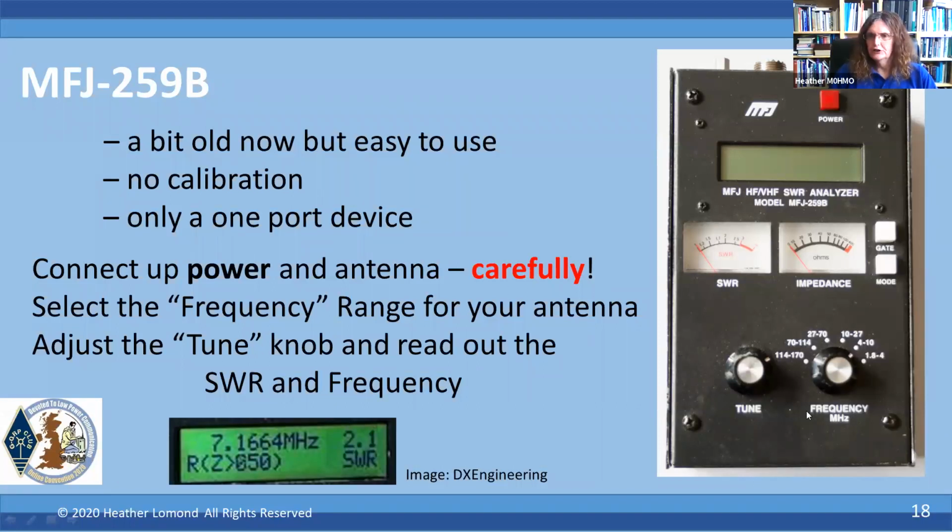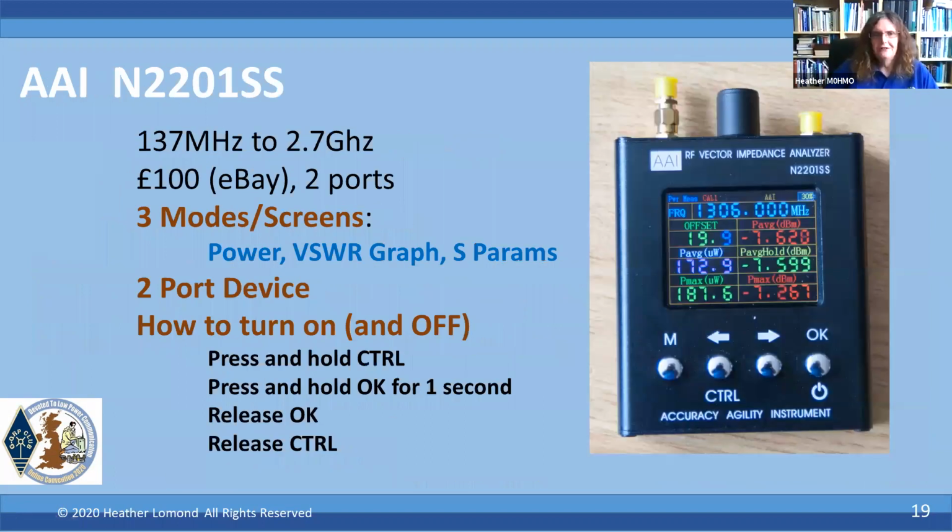You set the frequency on this one, tune it, and you'll see the SWR appearing, impedance here, and you'll get a bit more information on the LCD display. For anyone who's interested, I borrowed this image from DX Engineering because I wasn't very careful when I connected power. I got it the wrong way round, and now I don't have an MFJ 259.